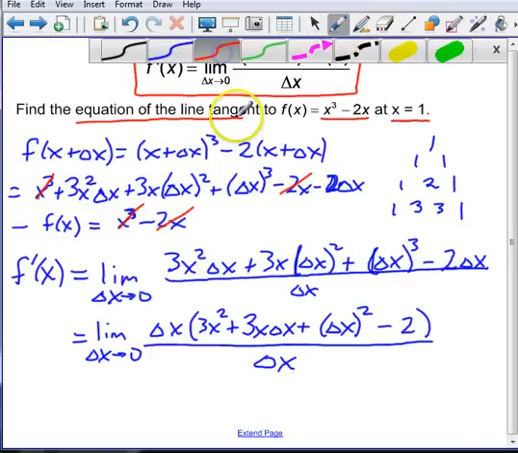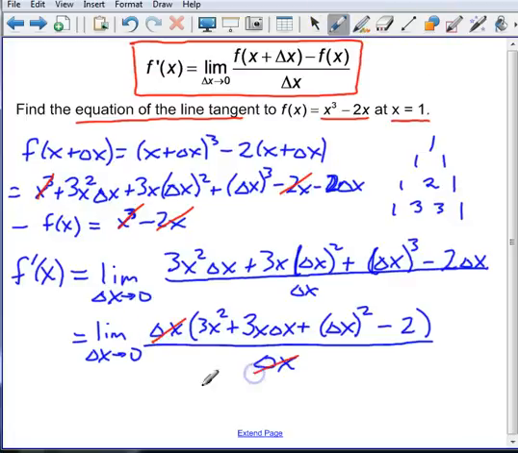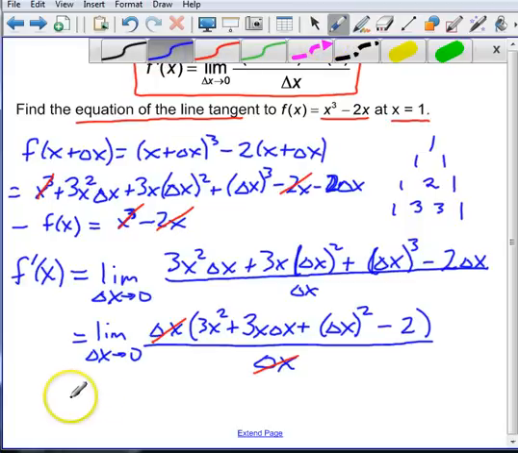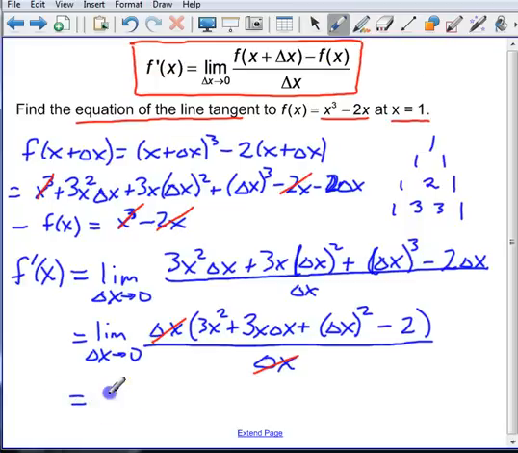Here's the payoff step. Delta x's cancel. Now it is safe to put in 0 for delta x, and I get 3x squared.